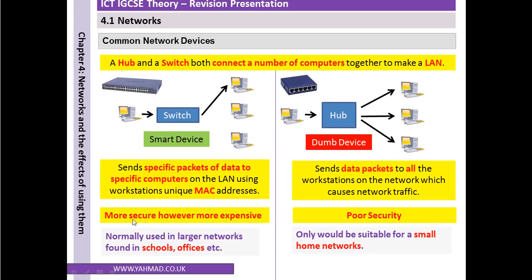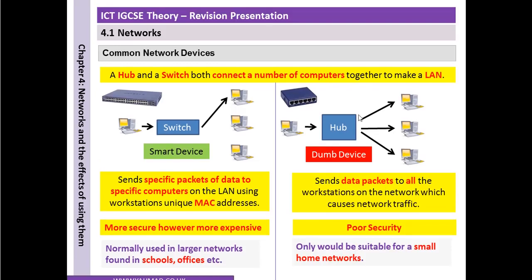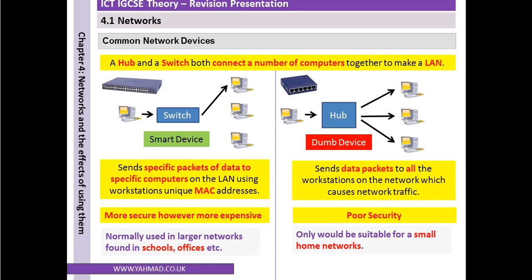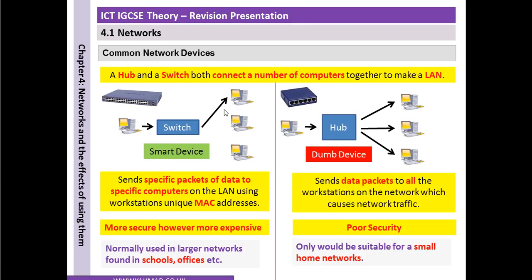The switch is more secure, however more expensive than the hub, and is normally used in larger networks in schools or offices. The hub device is now obsolete. It's known as a dumb device. What the hub would do is send data packets to all the workstations on the network, which would cause network traffic. Let's compare the two pictures here.